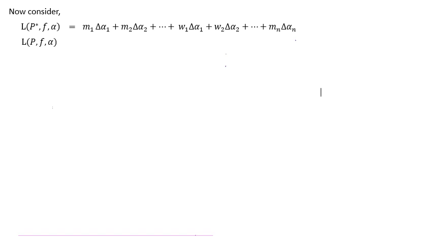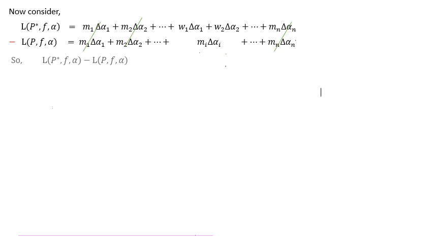Then we'll also take the original partition sum, which was m sub 1 delta alpha 1 plus m sub 2 delta alpha 2 plus the m sub i through m sub n delta alpha n. Let's subtract those two. If we subtract them, these elements will cancel out, leaving us with just these three elements. So it will look like this.